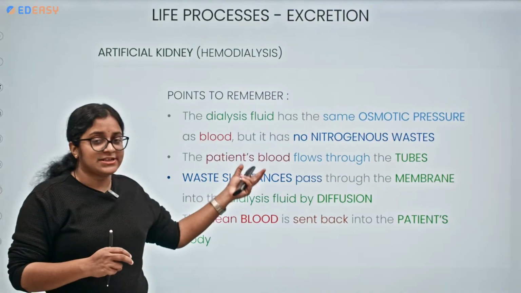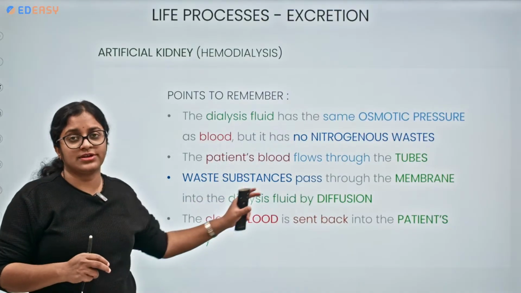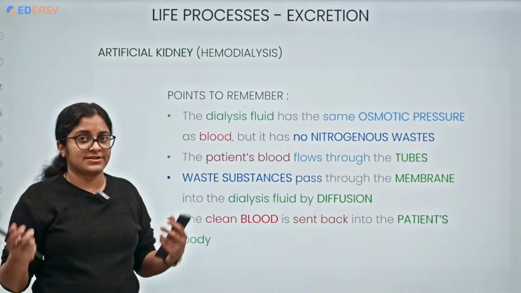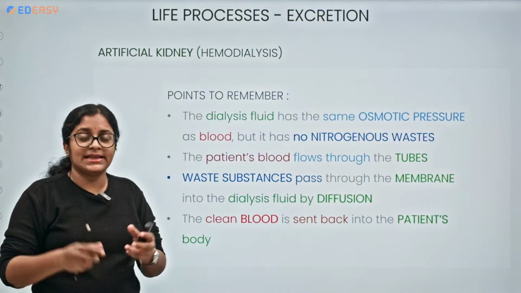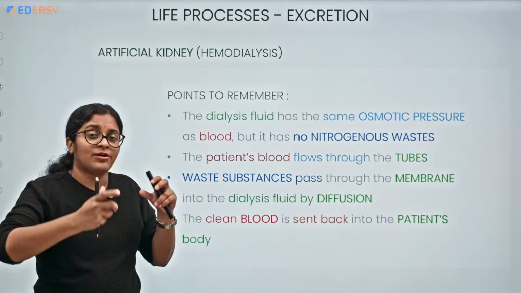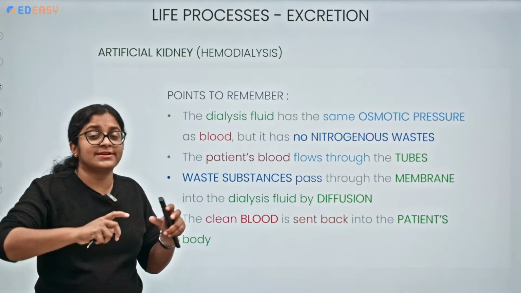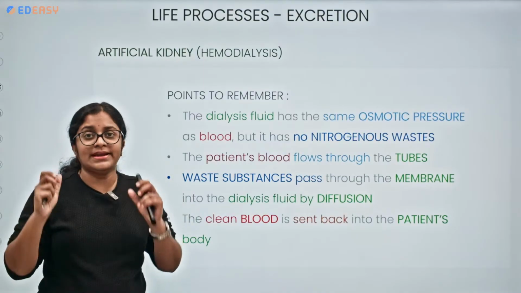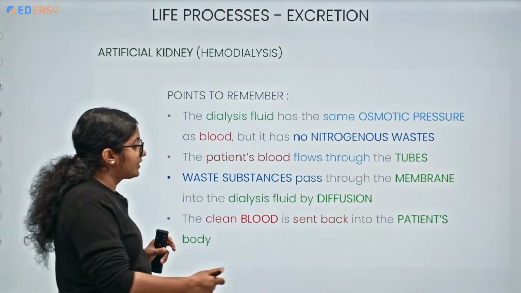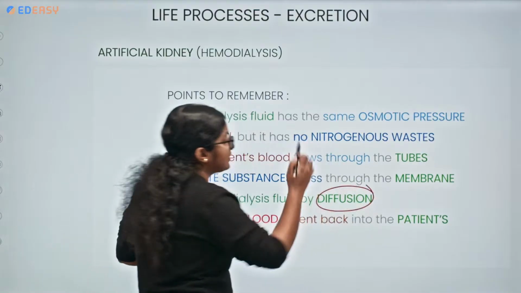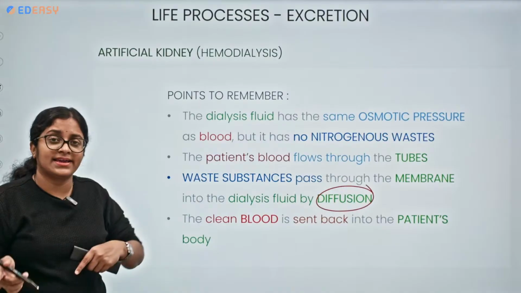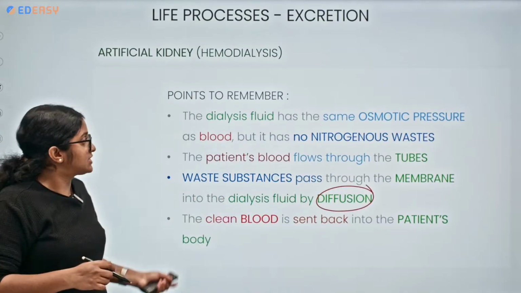Whenever we take the patient's blood, it flows through the tubes. The waste passes through the membrane of the dialyzer tubes into the dialysing fluid, following the process of diffusion. Whatever blood is cleansed is again sent back to the patient.